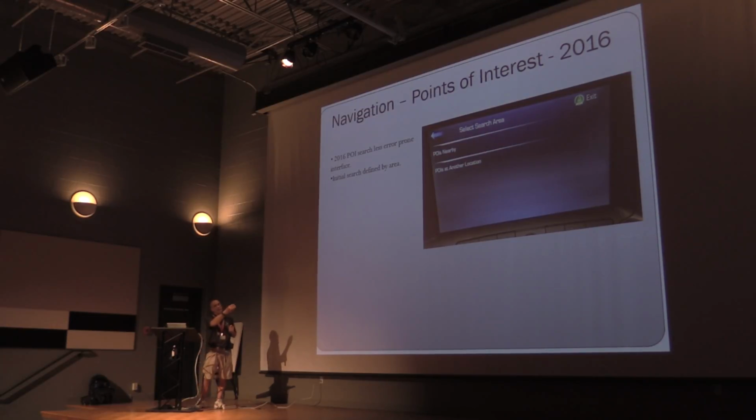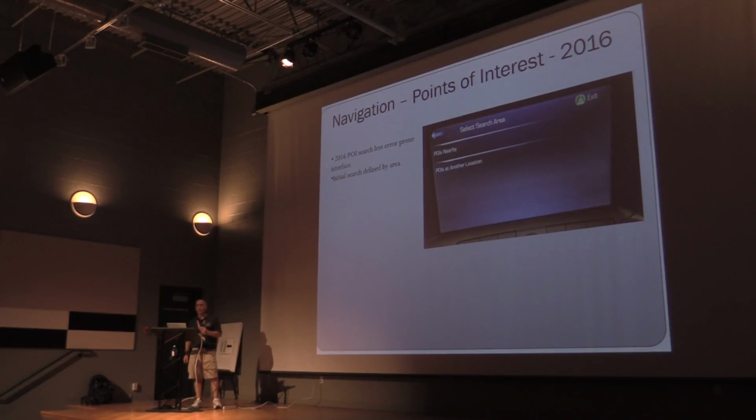So the first thing, when you select the POI icon on a 2016, is it's going to ask you to define, where do you want me to look? So it's a little bit more intuitive. So it should minimize some of those search errors and some of that frustration.